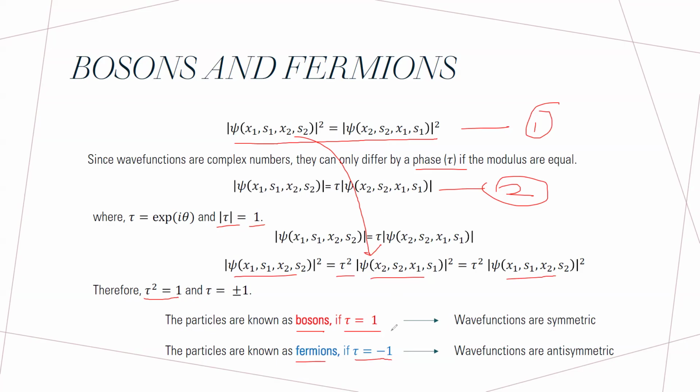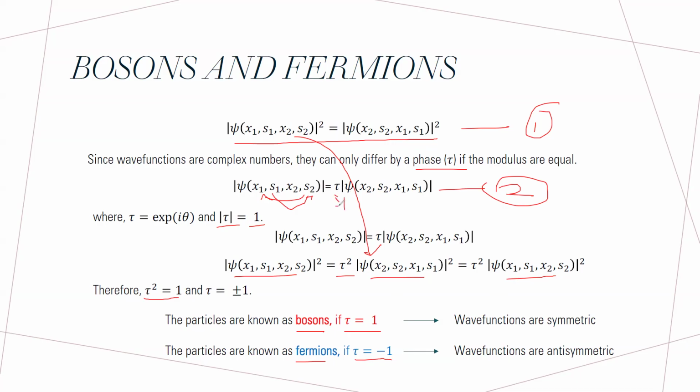Tau equal to 1 means the wave function is symmetric, that means even if we exchange the positions, the wave function is symmetric because this is equal to 1.